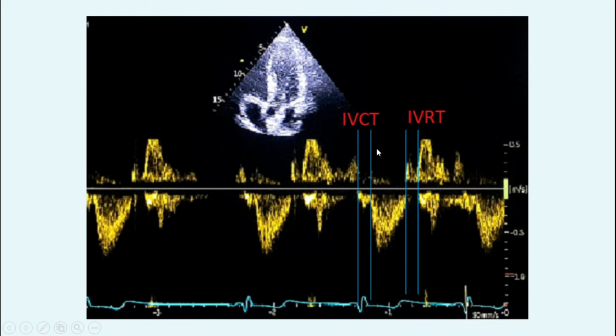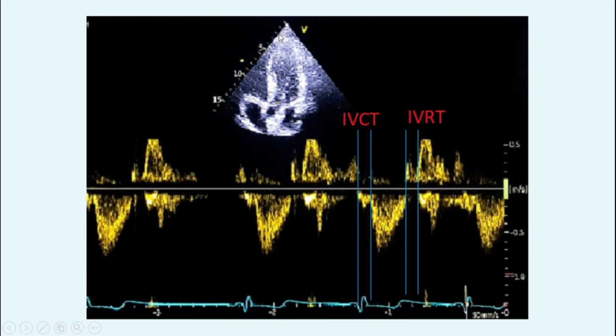For IVRT and IVCT, we can also measure them in Doppler too. For that purpose, we get an apical view between apical 4 and 5 chamber, and we put the sample volume between the mitral valve and LVOT, because we are going to detect both mitral valve inflow and LVOT outflow. So we will have both Dopplers: the negative shift for the LVOT, and the positive shift for the mitral valve.